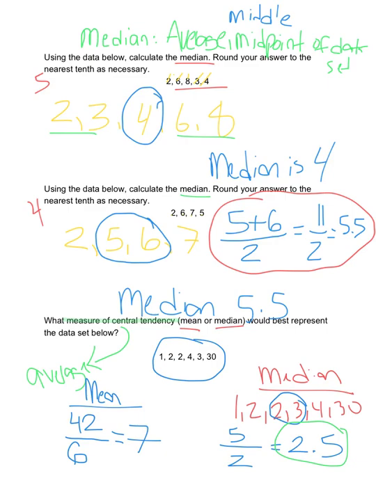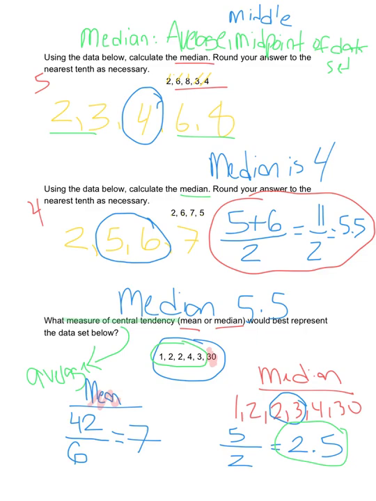Now if you're thinking 7, well, let's look at our data values. We have 1, 2, 2, 4, 3, and we have 30. Notice most of these numbers, in this case, 5 out of the 6 numbers, are 4 or below. There's only one number that's very large, and that's 30. This 30 is kind of throwing off our data set. This 30 is making our average, our mean, larger than it probably should be.